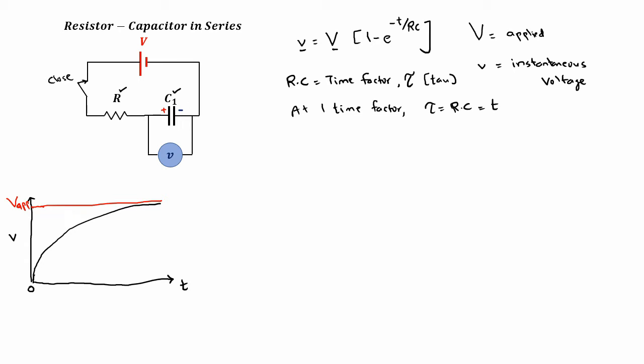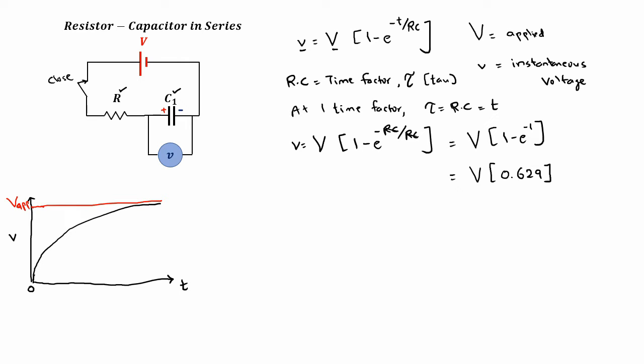So t we substitute as RC. So RC over RC becomes 1, right? So now this becomes capital V times 1 minus e to the power negative 1. And if you plug this into a calculator, this equals 0.629. Meaning the instantaneous voltage is about 62.9, or 63%, of the applied voltage.